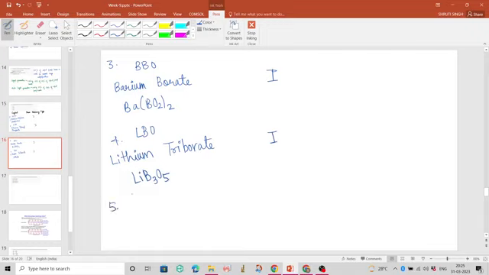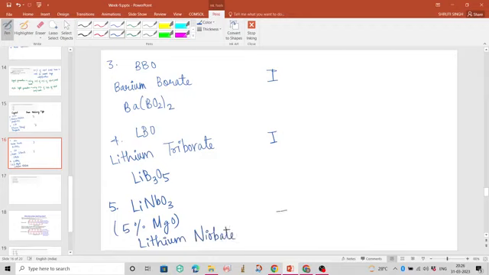Fifth one is lithium niobate, and it has a 5% MgO. It also has a type 1 phase matching.